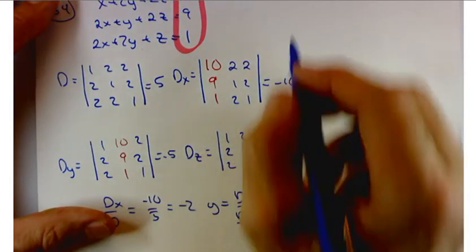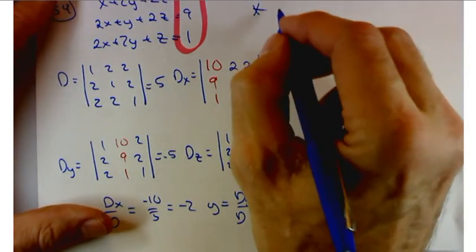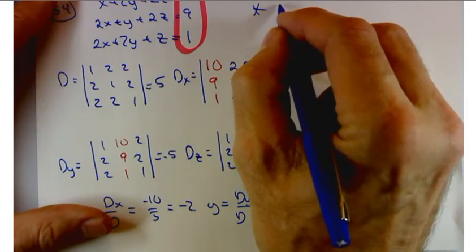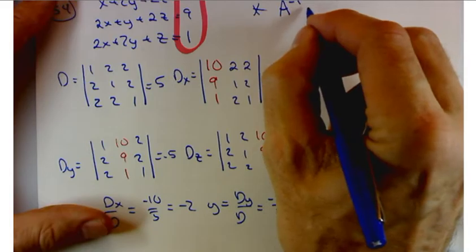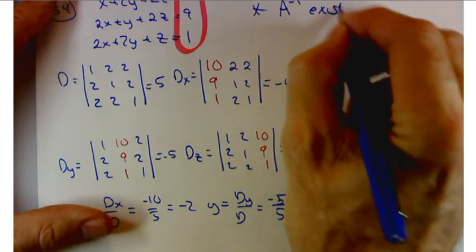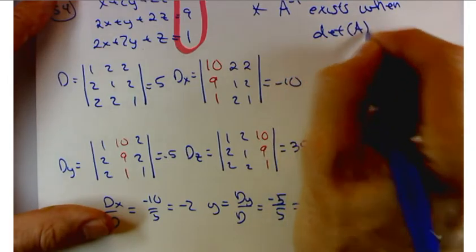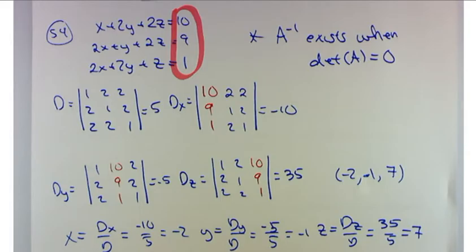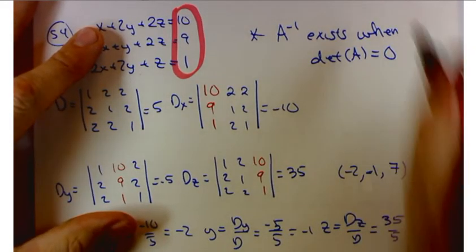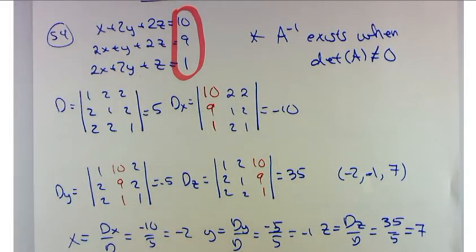So this is the one last thing I want you to know for the exam. A inverse exists when the determinant of A is different than 0. So there's an exam question for you. When does A inverse exist? When the determinant of A is different than 0.